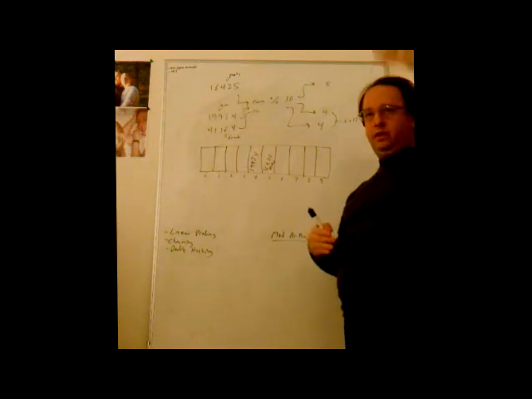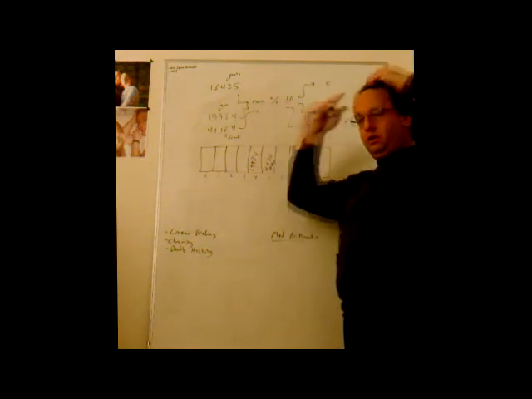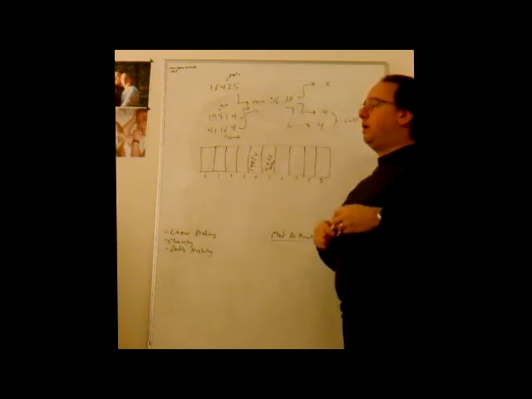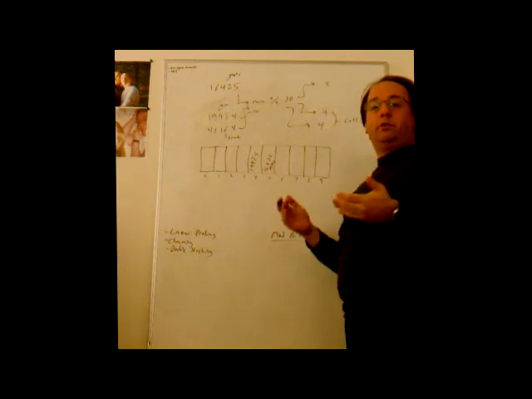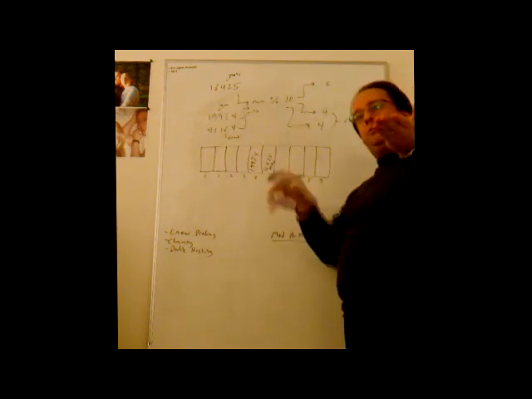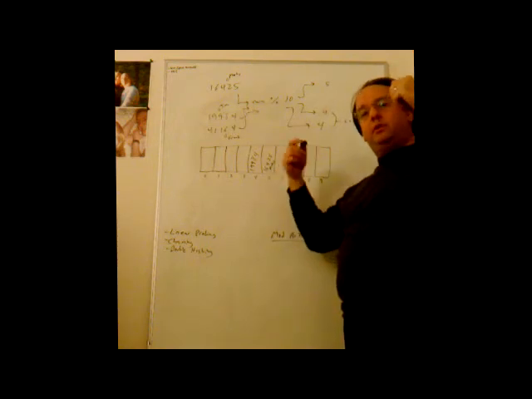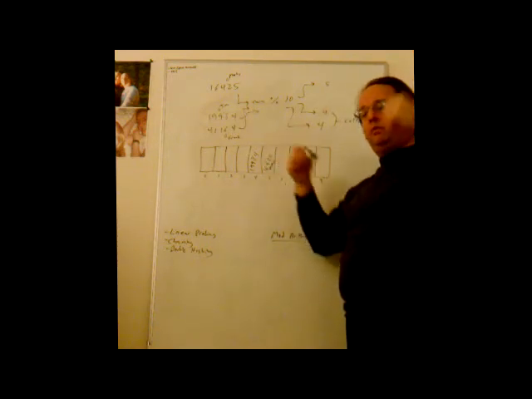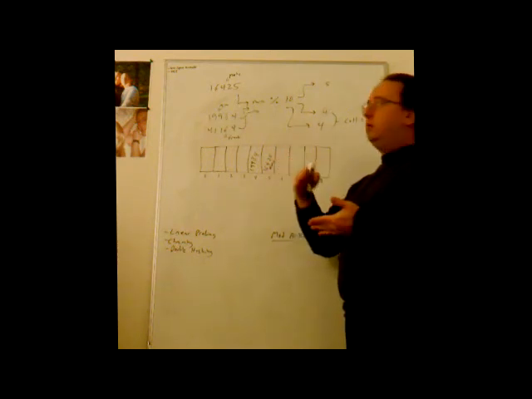For example, dividing by 2: 4 divided by 2, remainder is 0, and the quotient is 2. 5 divided by 2, remainder is 1. Now 6 divided by 2, again the remainder is 0 because you incremented the quotient. 7, remainder is 1. 8, remainder is 0. So you see how this works. It will always alternate between 0 and 1.